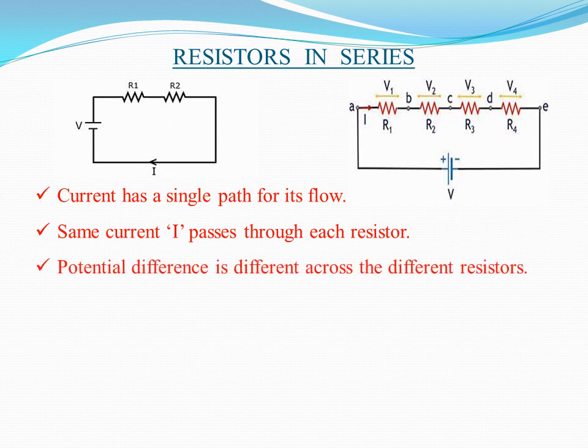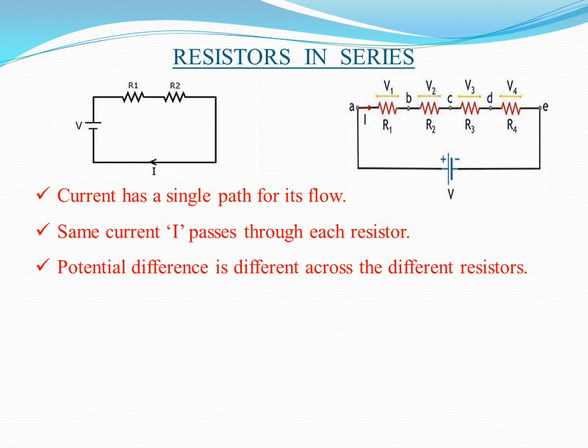Potential difference across any resistor is directly proportional to its resistance. So the potential difference is different across the different resistors. More the resistance, more the potential difference across that resistor.